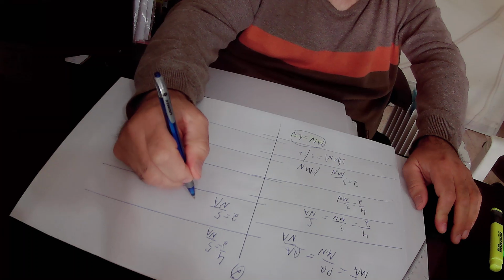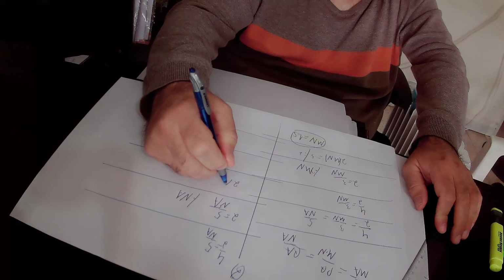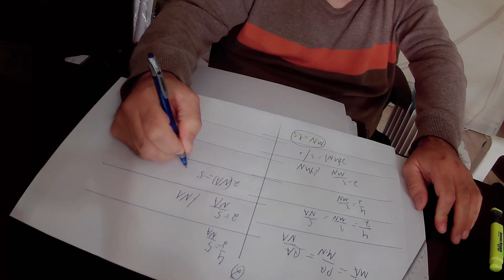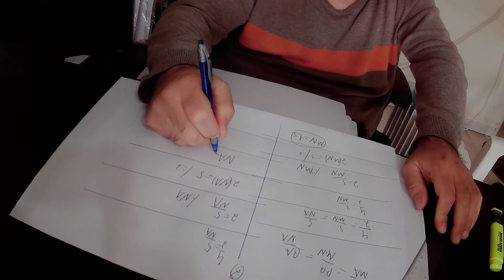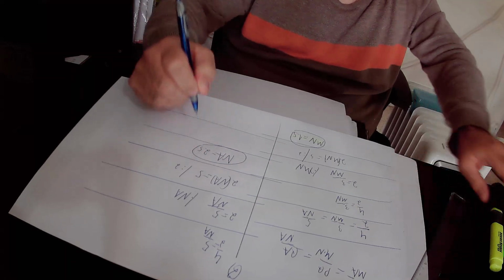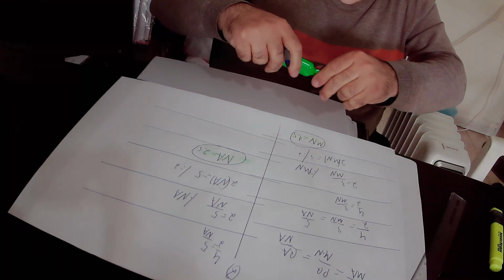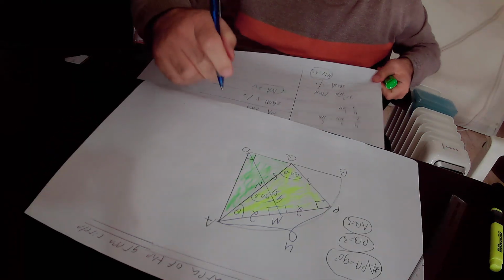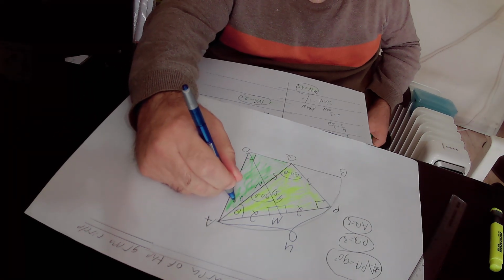We multiply this equation by NA, and we get that 2 times NA equals 5. We'll divide this equation by 2. And finally we'll get that NA equals 5 over 2. 5 over 2 is 2.5. NA equals 2.5 units in its length. So I'll write it down in the original drawing that NA equals 2.5 units in its length.